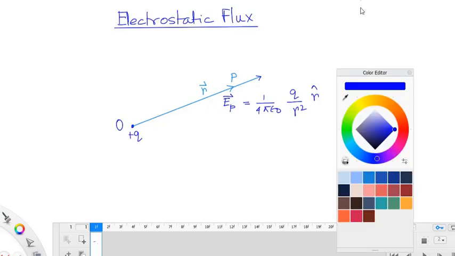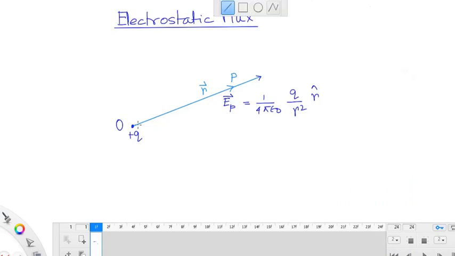Now if we come here, for example, to another position, naturally the radius vector will be different. The magnitude of this radius vector will be a little less.